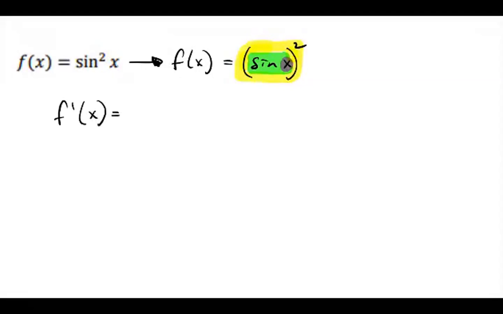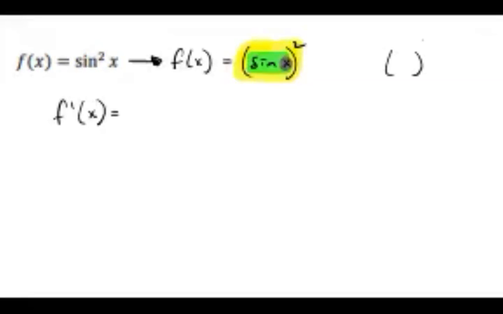Well, the yellow, isn't that just something to a power? Again, that was like the other one. It's something squared. Well, if it's something squared, I'm going to use the power rule. 2, everything else stays the same. Minus 1, I get just to the first power.